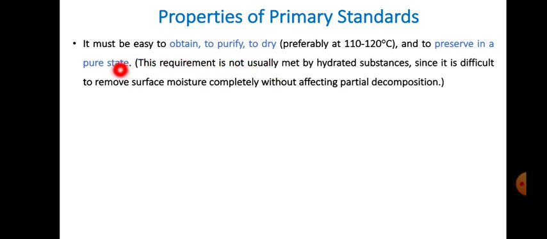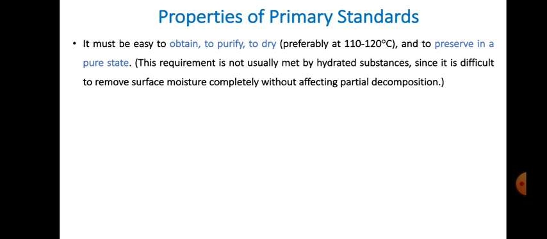Okay, because it should be stable, and we should be able to preserve that particular substance as a primary standard in its pure form. So this requirement is not usually met by hydrated substances. For example, consider NaOH, sodium hydroxide. When you expose it to atmospheric moisture, it immediately absorbs the moisture and undergoes degradation.